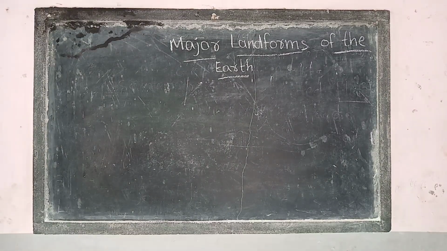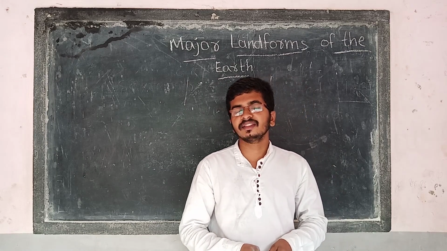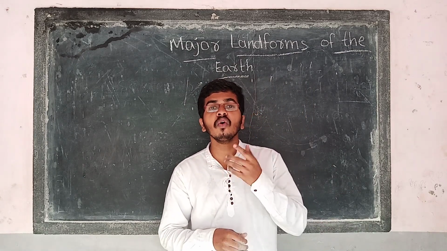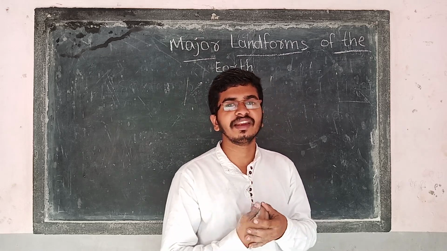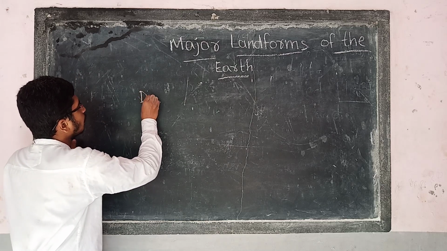Now, what is a desert? How are the weather and climate in the desert? It is very hot. There is very little rainfall. So you can note down the point.